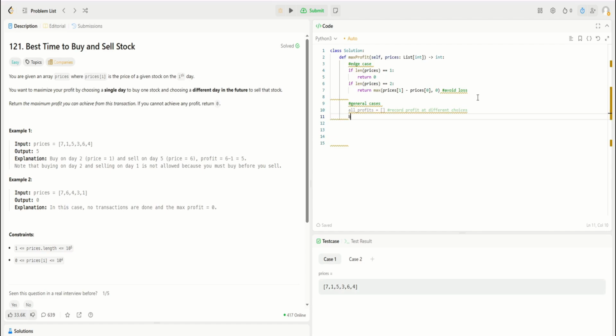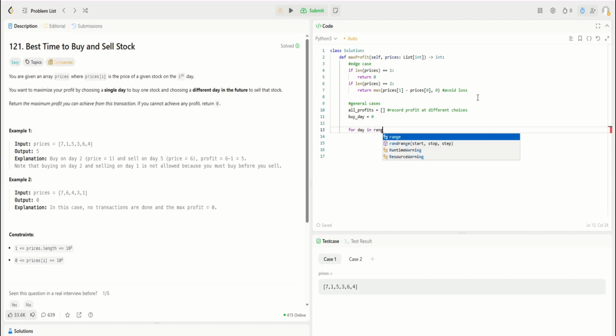And then we can say buy day equals 0. And then for sell day in range 1 to length of prices. So we cannot sell at day 0, right?